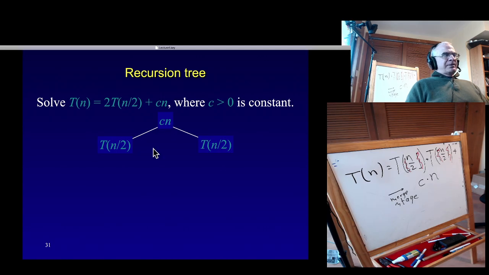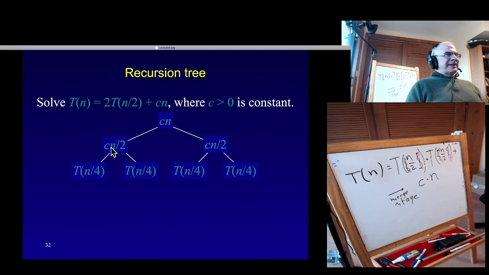It's a merge step plus a recursive call for the left part, T of n half, and a recursive call for the right part, T of n half. Let's write T of n half explicitly.